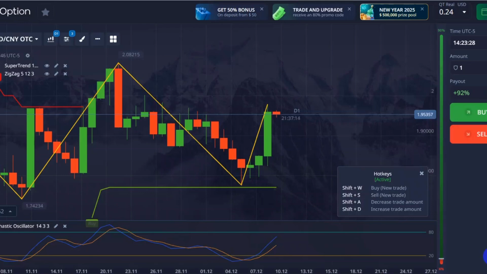If you look at the daily chart, it will show you that today the previous day's candle was green and today's candle is green, which means that 9 times out of 10 we're probably going up, because yesterday's candle was green and today's candle is green.